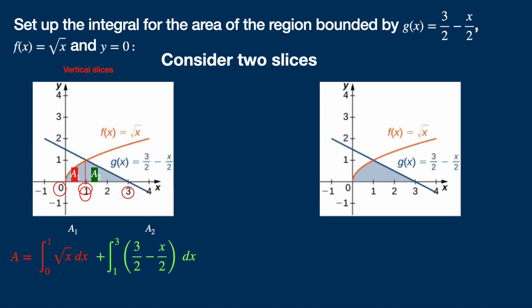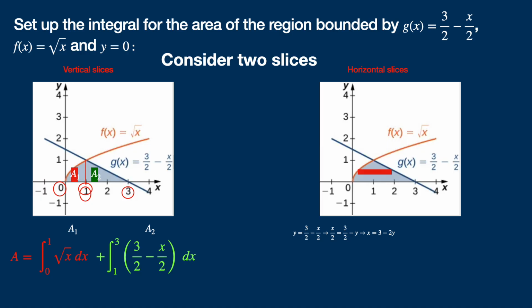But for the same region, we're going to use horizontal slices. Horizontal slices right there, guys. So with horizontal slices, we have to find the interval of y. When you see the horizontal, we have a right function and left function. The right function is going to be y equals 3 over 2 minus x over 2. So we have to solve for x, guys.